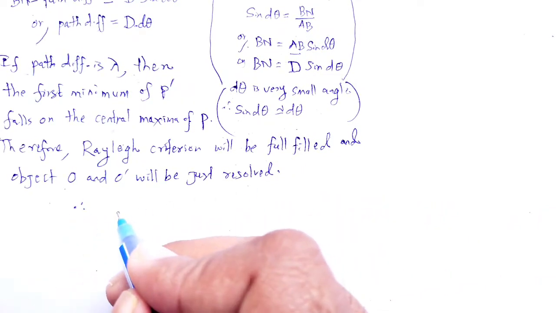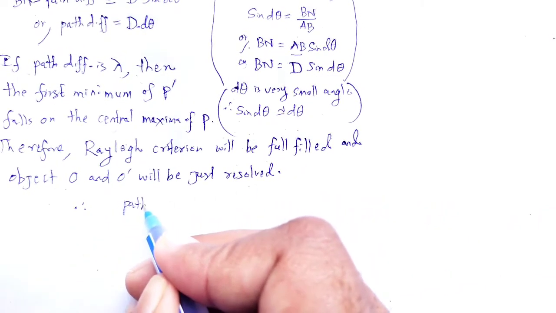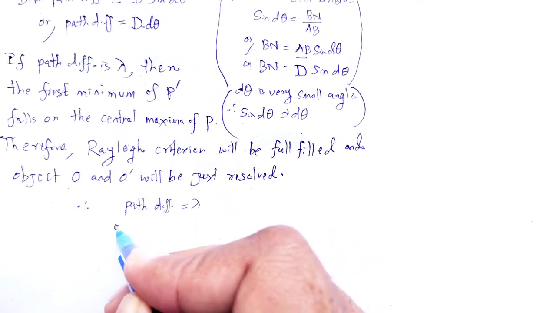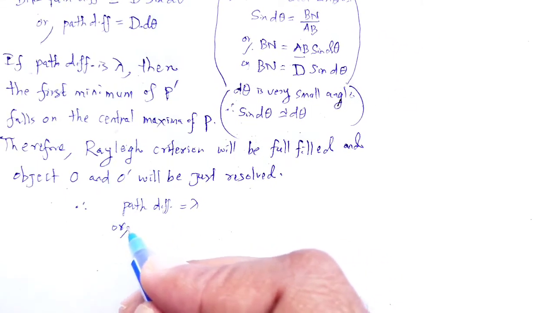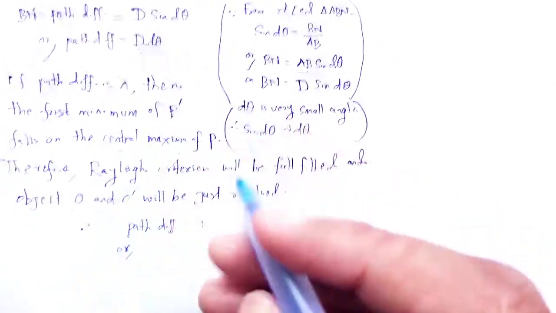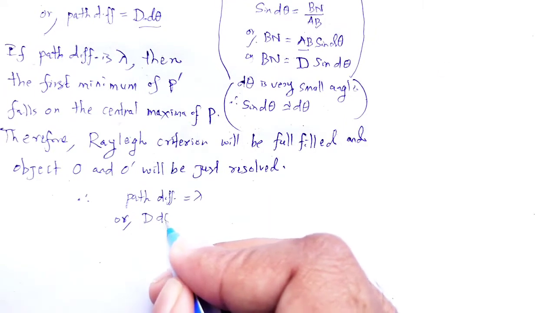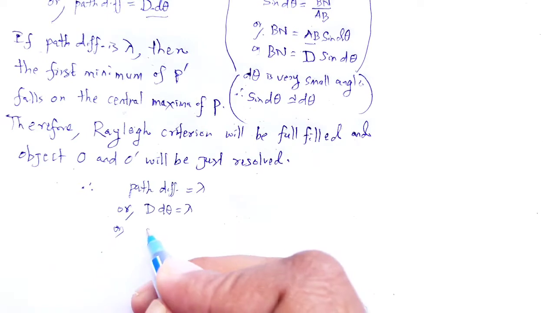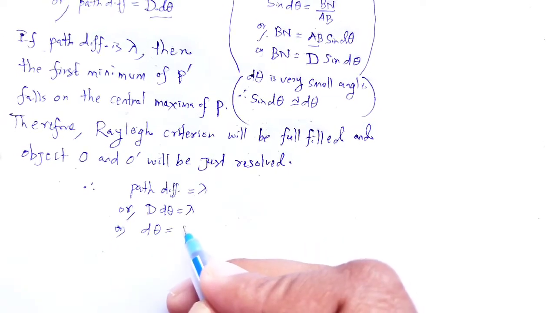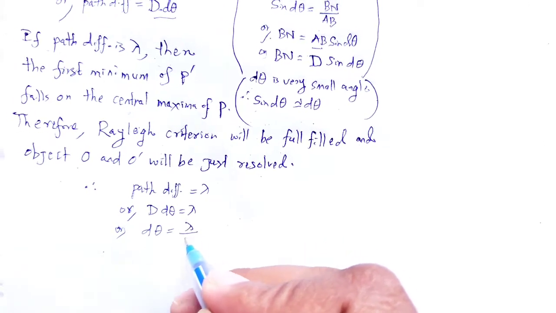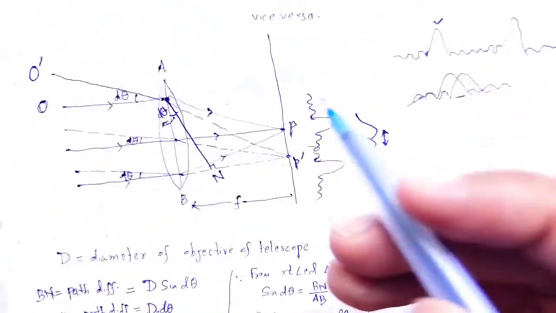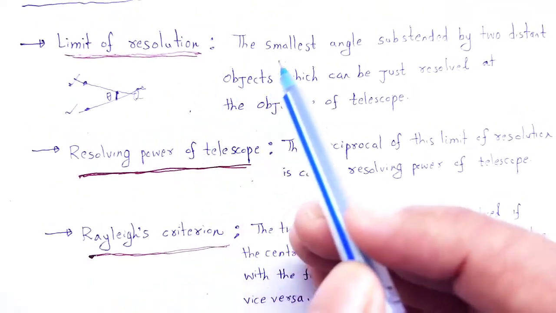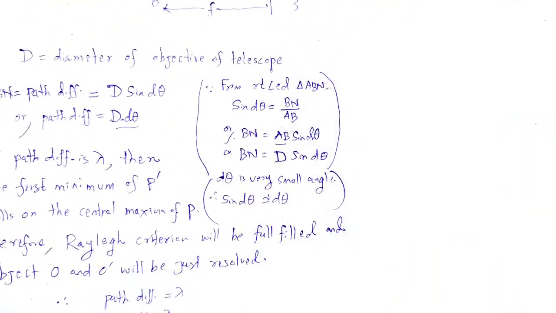Therefore path difference is equal to lambda for the first minimum condition, so path difference D d theta is equal to lambda, or d theta is equal to lambda by D. What is d theta? d theta is the limit of resolution according to our definition.